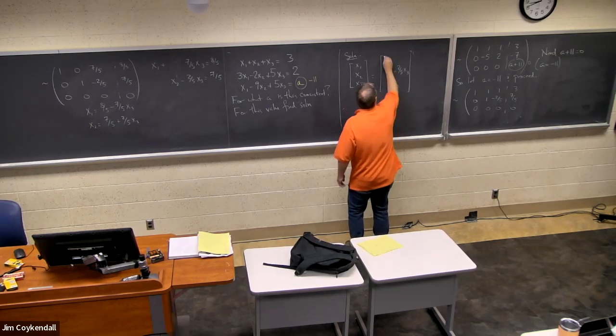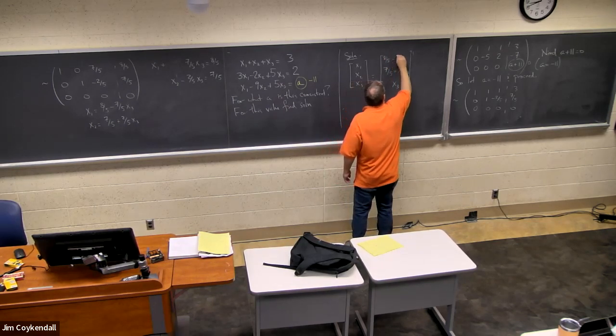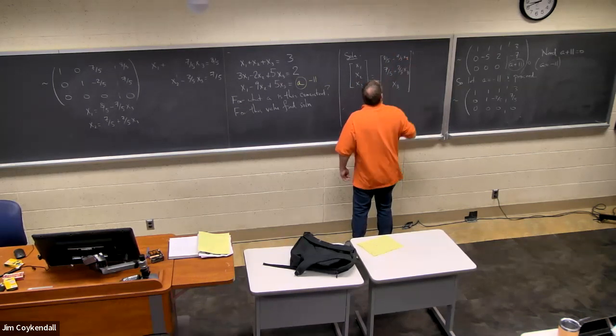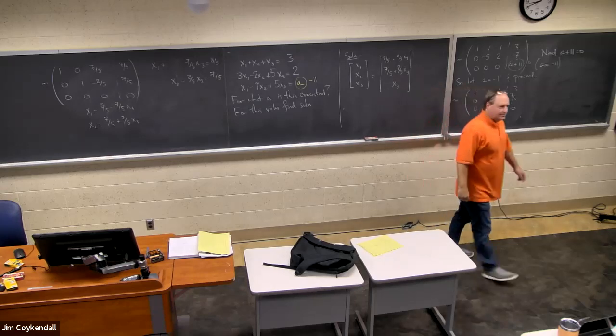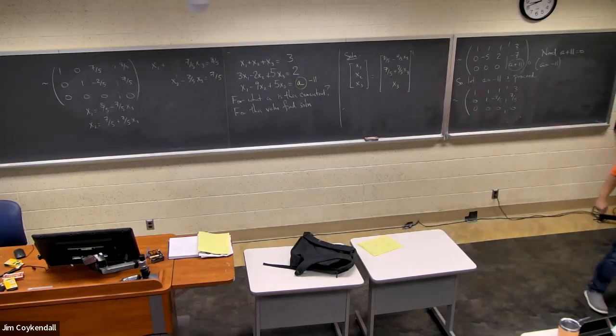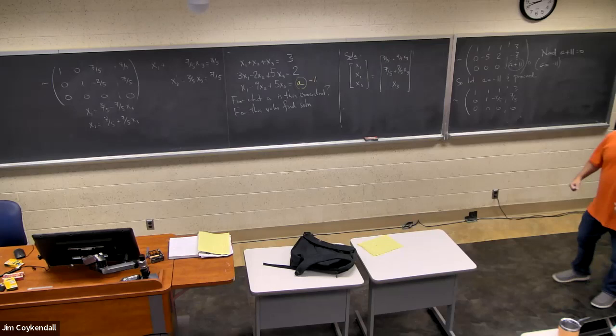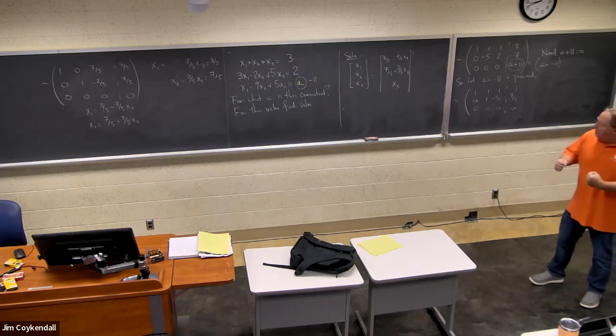And x1 is 8/5 minus 7/5 x3. Everybody okay with me? And now I can pull this apart.